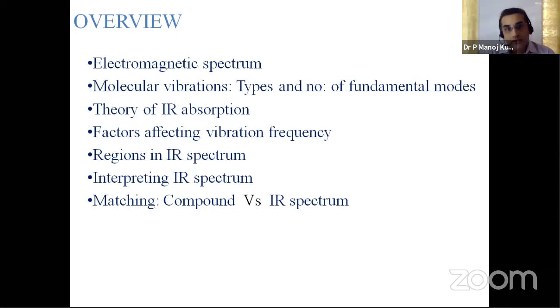Then we finally go with the interpretation part, and I will give some problems, and I will request all the participants to attempt to solve them from your side.